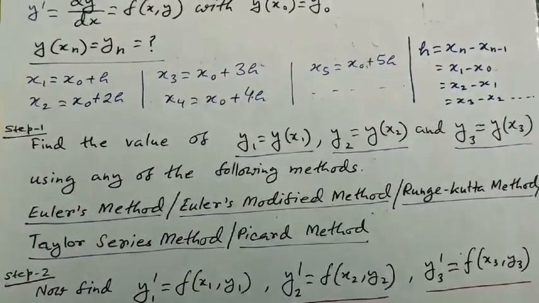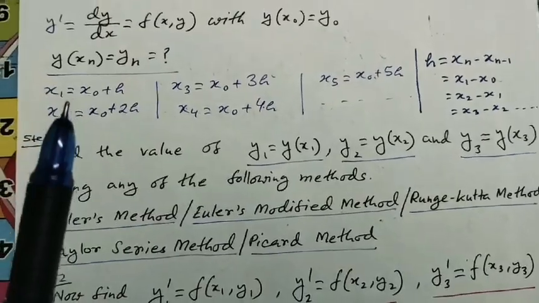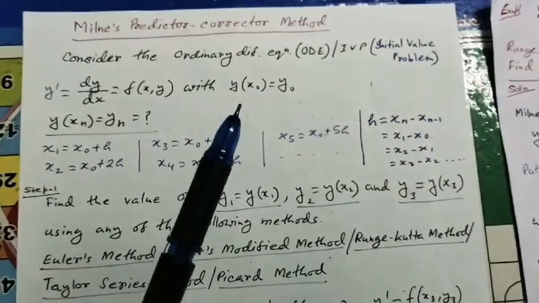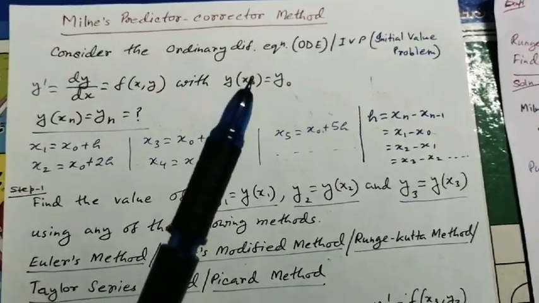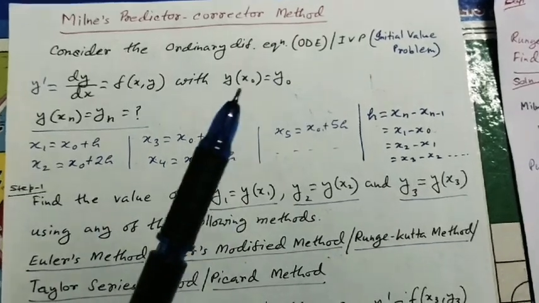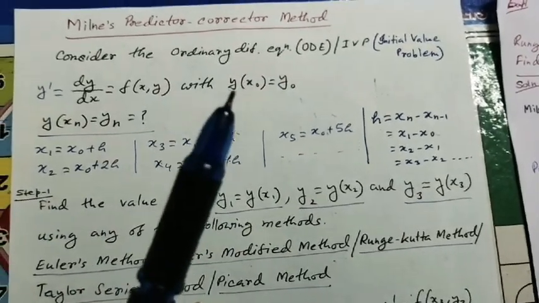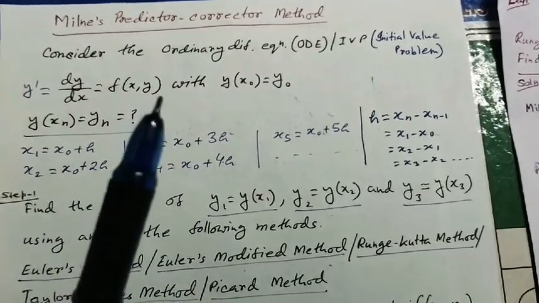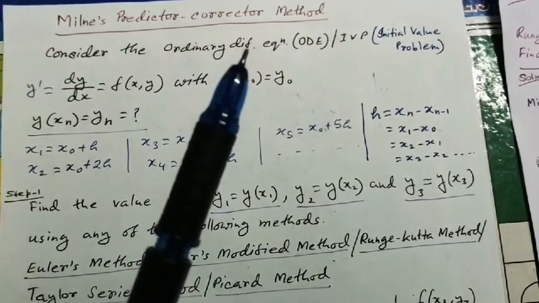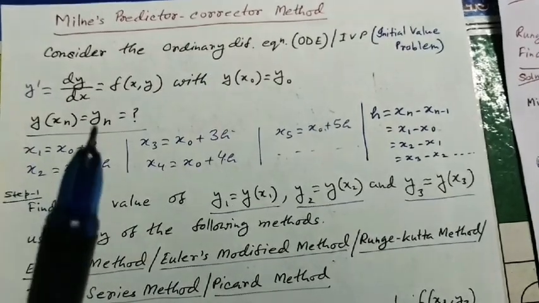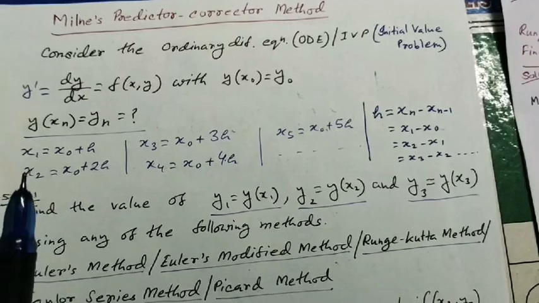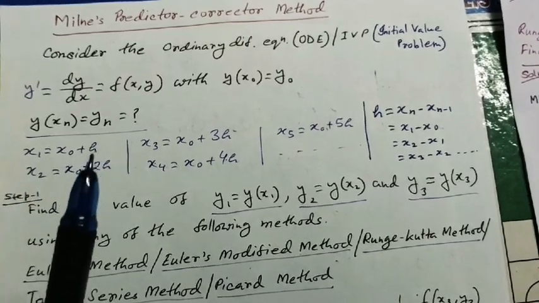Before going to step 2, I missed telling you how to calculate x1, x2, x3, x4. In a question, the value of x0 will be given. In some questions the values x1, x2, x3, x4 and y1, y2, y3, y4 will also be given. But if you don't have the values from the question, then you have to calculate them. x1 will be x0 plus h.